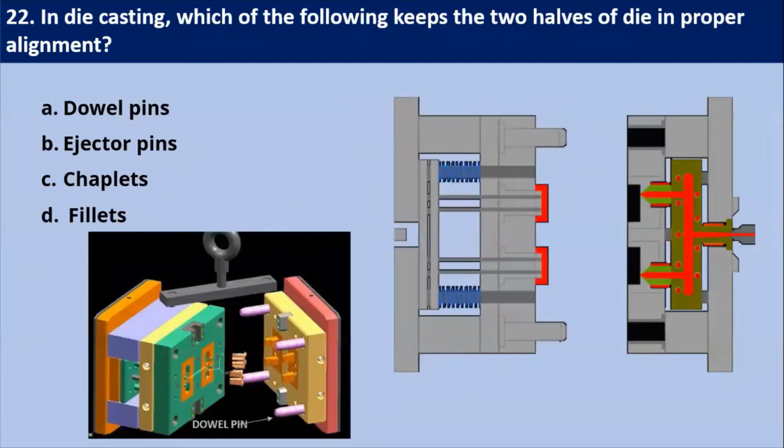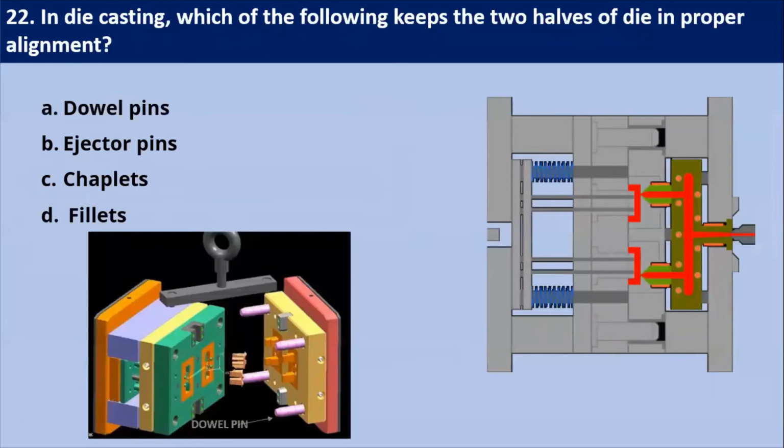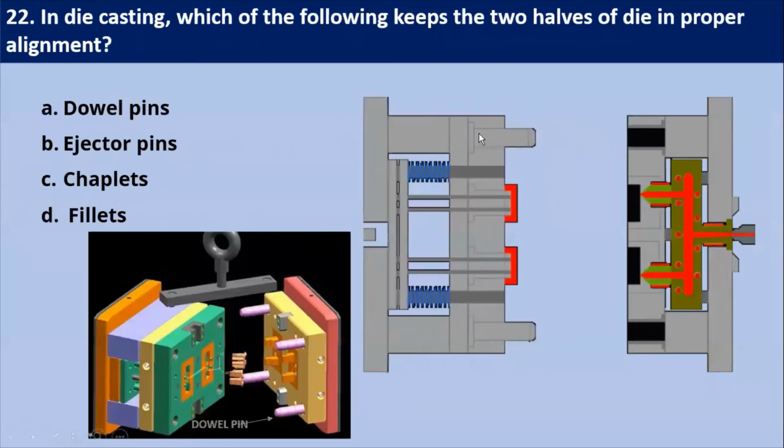Next question, in die casting, which of the following keeps the two halves of the die in proper alignment? You can see these are the two halves, one is the fixed die and the other is the movable.